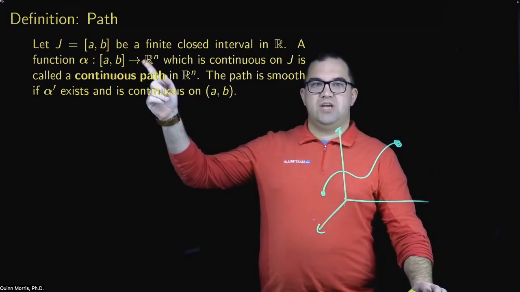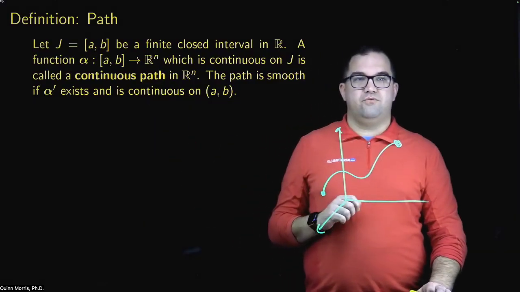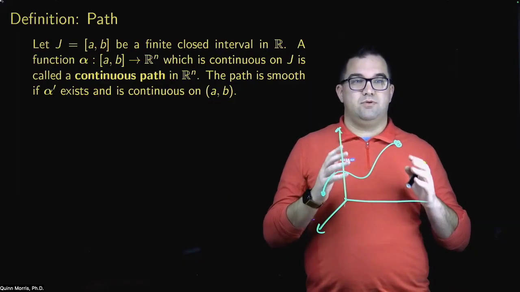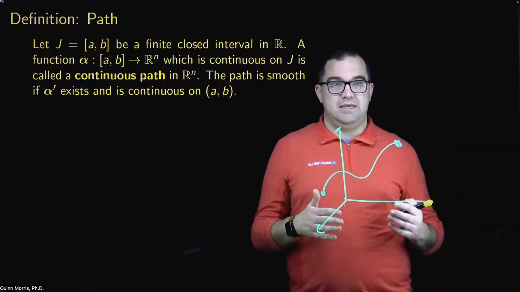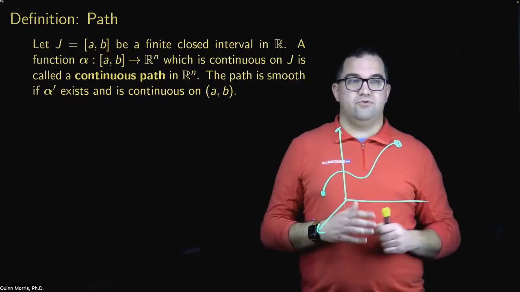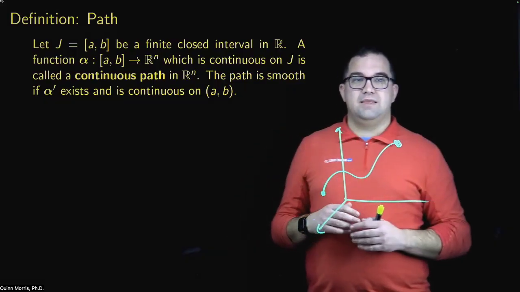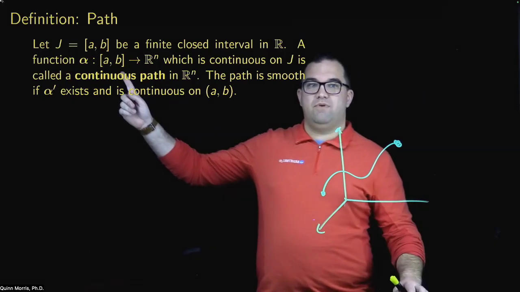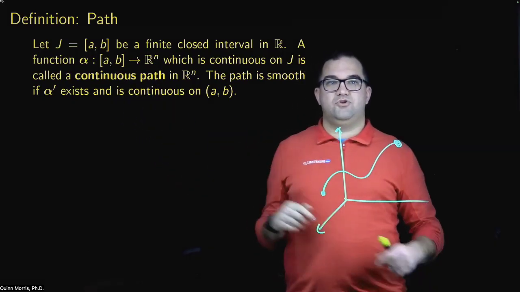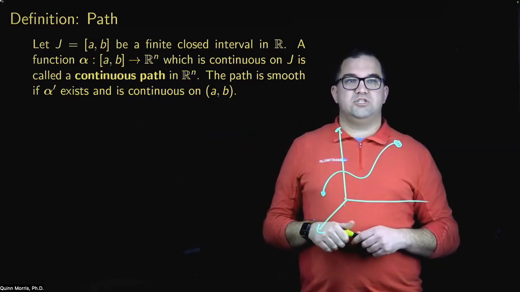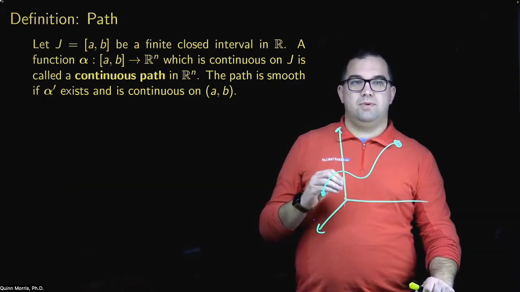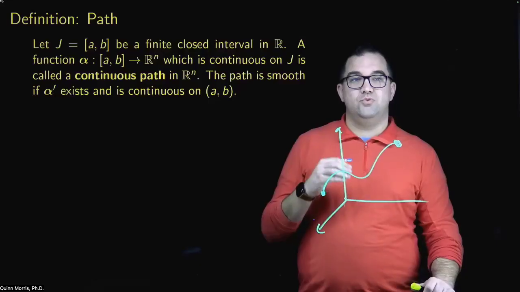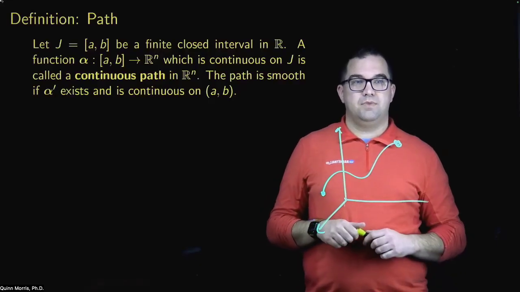So let J be the closed interval [a, b], and we're considering this to be a finite interval. So a and b are real numbers with a less than b. So this is a closed interval in R. And then I want to define a function alpha from J into Rn, which is continuous on J, and that is going to be what I'm going to call a continuous path in Rn.